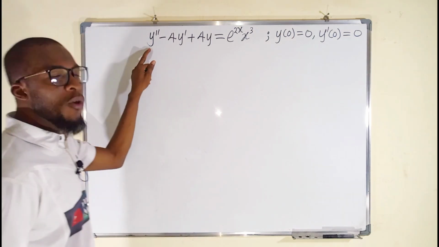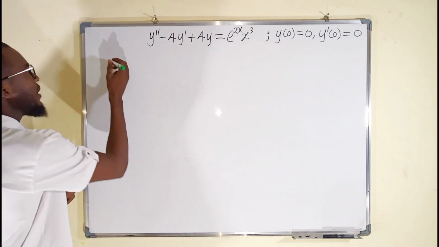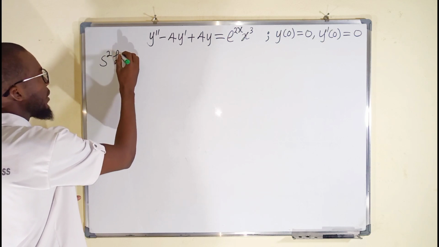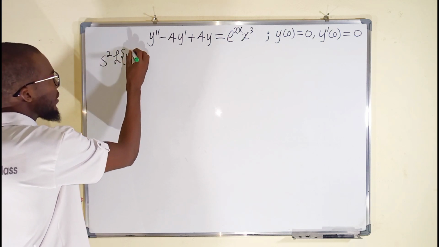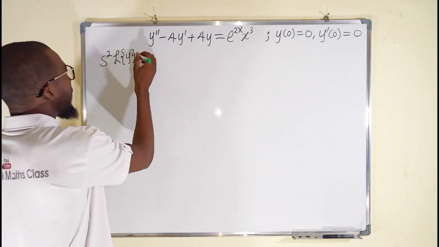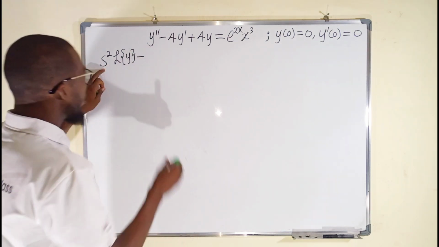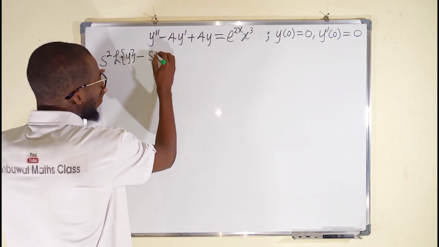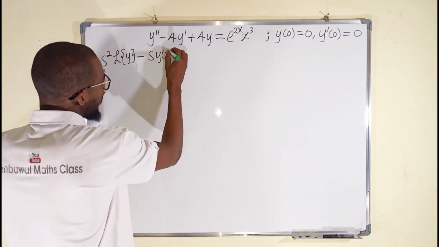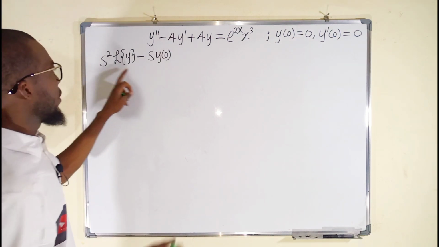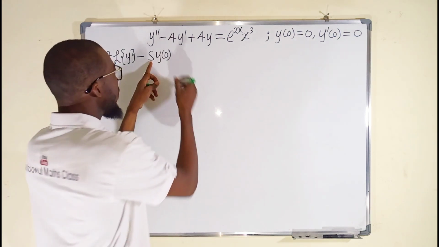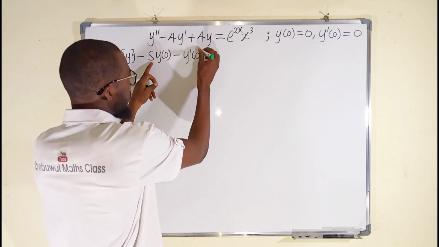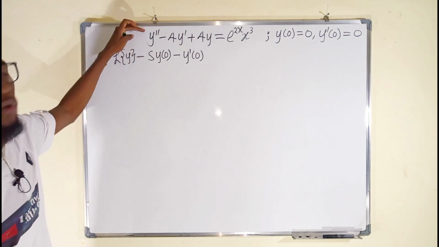The Laplace transform of y double prime will be equal to s squared multiplied by the Laplace transform of y, minus the power of s will reduce by 1, so we have s multiplied by y of 0. The power will reduce by 1 as well, we have just y prime of 0. We are done for y double prime.